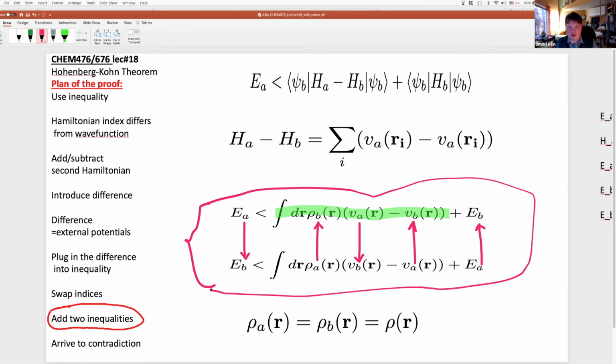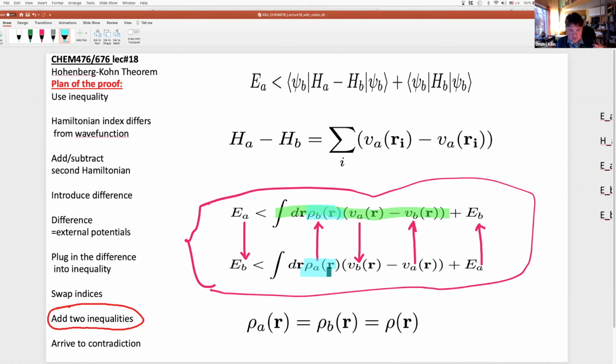Now, let's focus on the density. We call it rho B and rho A, right? Because we derive them from the bra and ket wave functions A and B, with and without star.